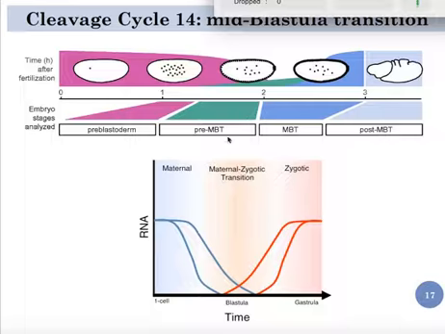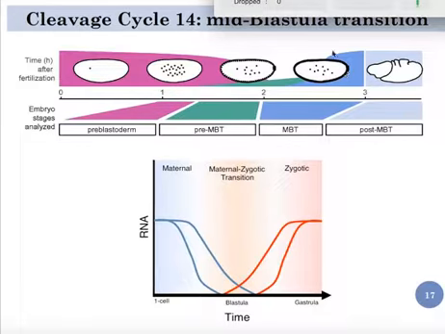So during the embryonic nuclear cleavage in Drosophila, 3 hours after fertilization, we get the cellular blastoderm stage. Before the cellular blastoderm stage, we have a syncytial blastoderm stage. This cellular blastoderm stage represents cycle 14.